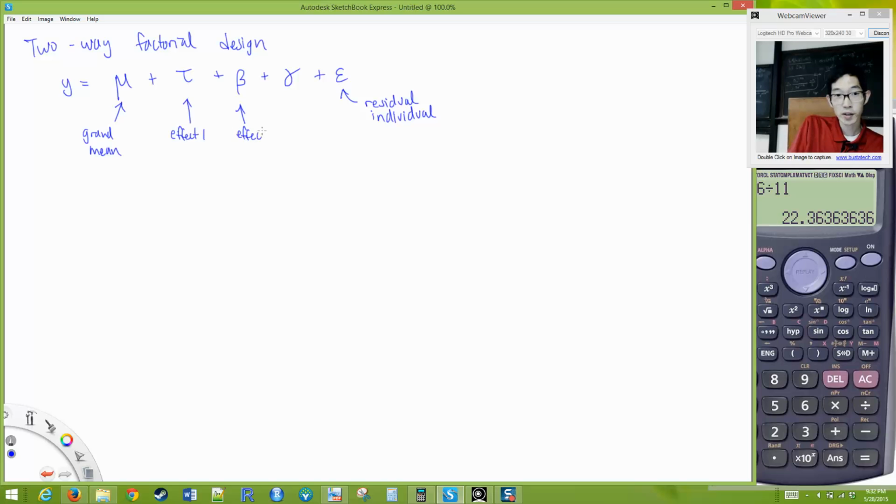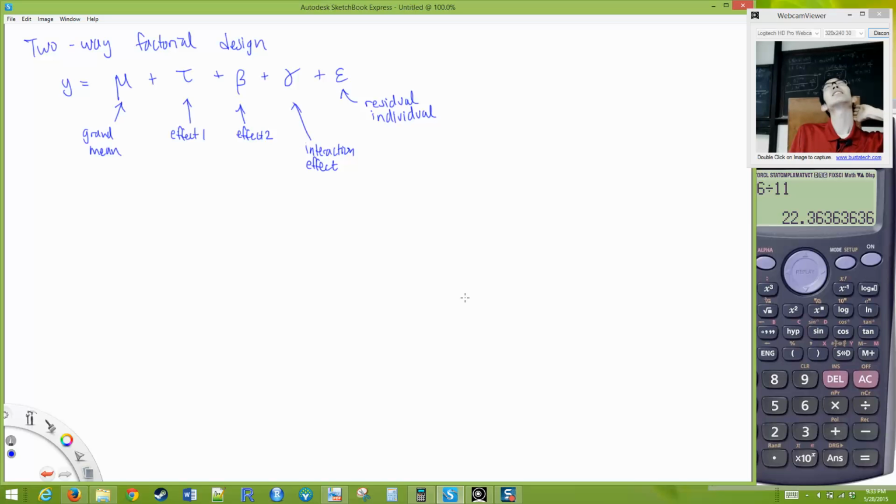And the interaction effect allows for the two effects to combine in ways that aren't simply additive. It's hard to explain. So let's say we wanted to explain height based on gender and race.